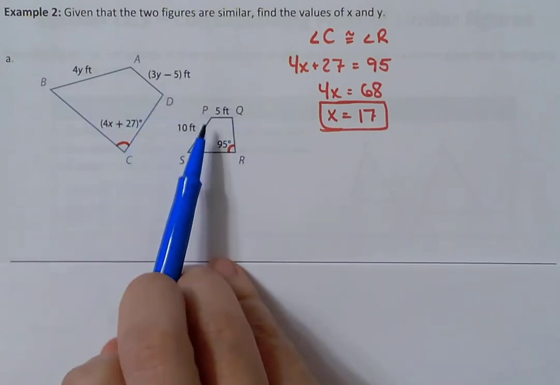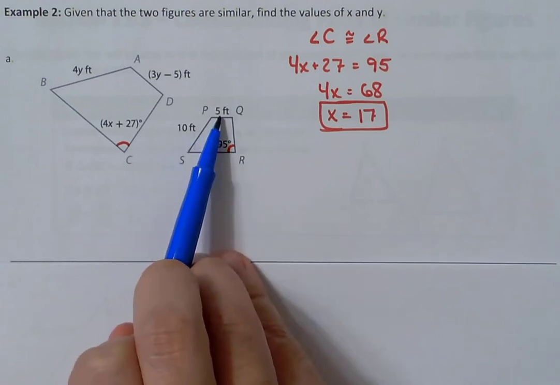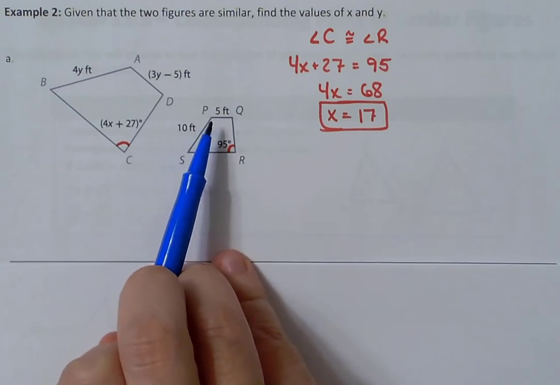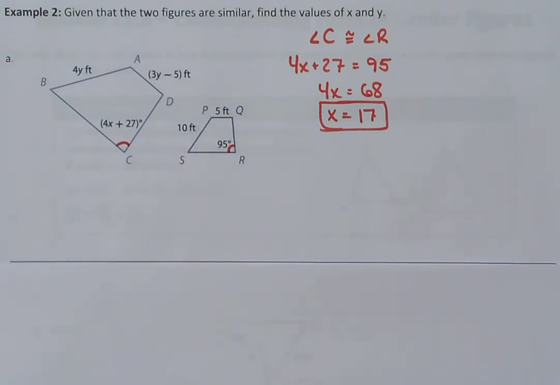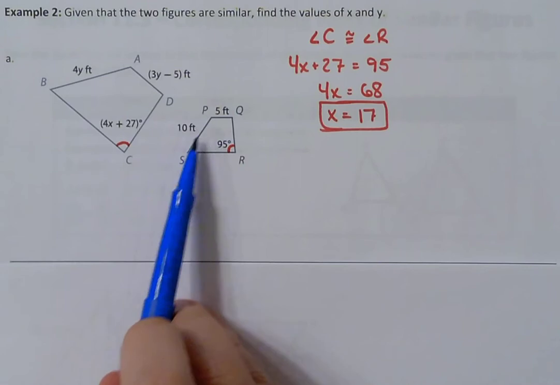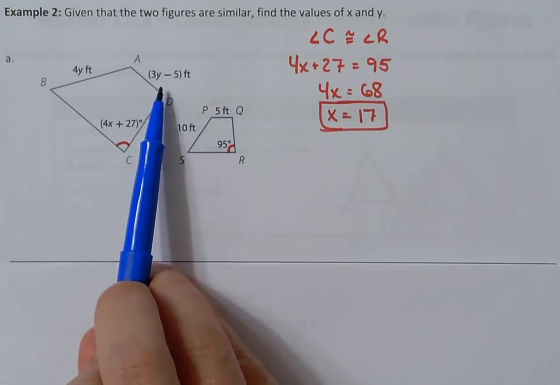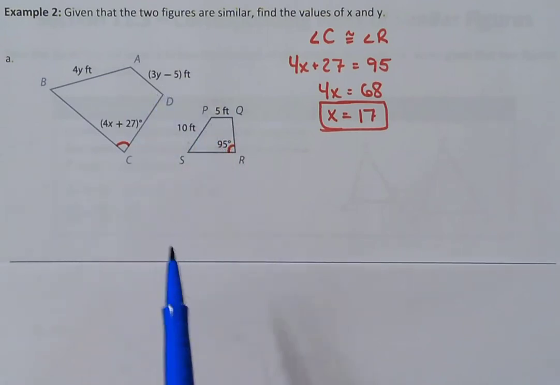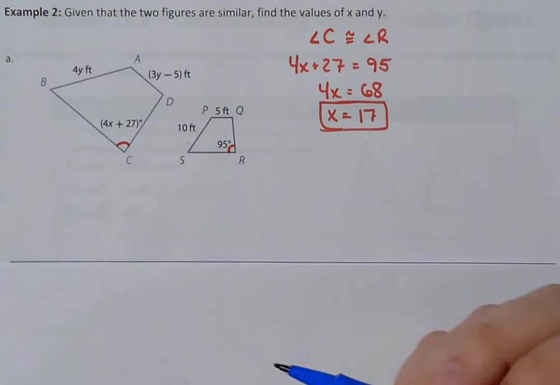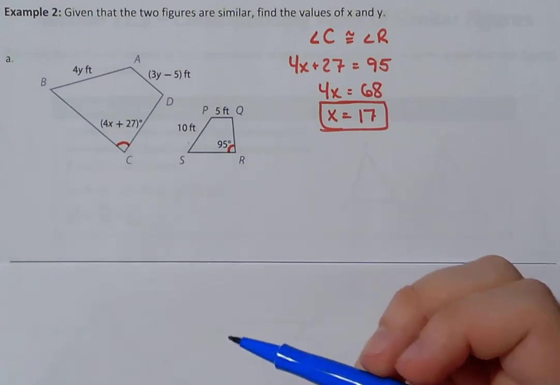We also know that PS is 10 feet and that PQ is 5 feet. Remember, side lengths in similar figures are not congruent. So unfortunately I cannot just set 4y equal to 10 or 3y minus 5 equal to 5. Side lengths are proportional, so we have to set up a proportion.